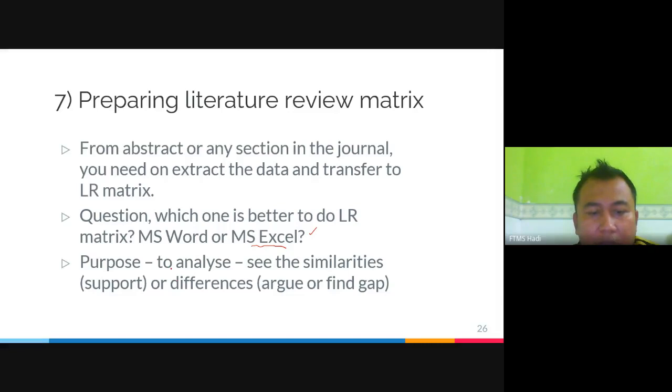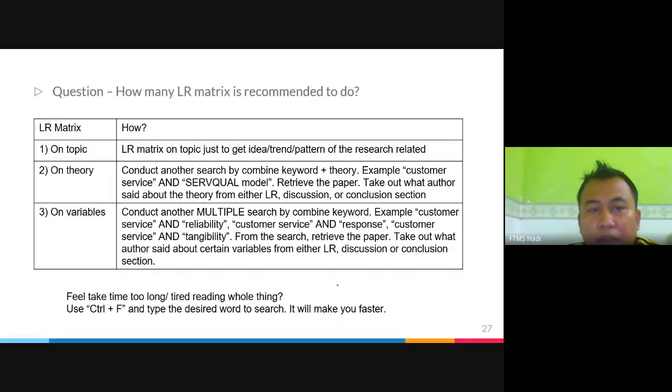Yeah. The purpose is to analyze or see the similarities. You see, if there are any similarities, those play more of a supporting role. If you find any differences, you can argue or find some gap. Okay, let me show you. But before that, how many LR matrices are recommended to do? The first one is on topic.